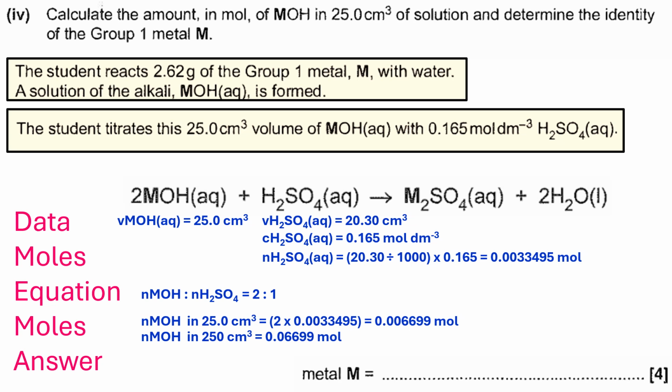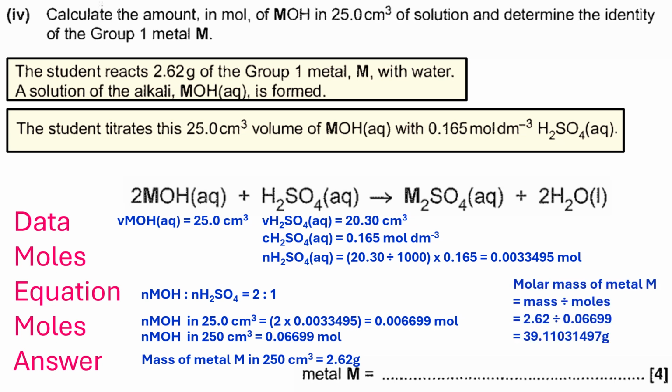So I need to multiply up my number of moles in my titration by 10 to work out the total number of original moles of MOH that I had, which came originally as well from the metal M being put into the water. The mass of metal M in 250 centimeters cubed would be 2.62 grams, and that must mean that the mass divided by the moles is 2.62 divided by 0.06699, which gives us potassium as our final answer.